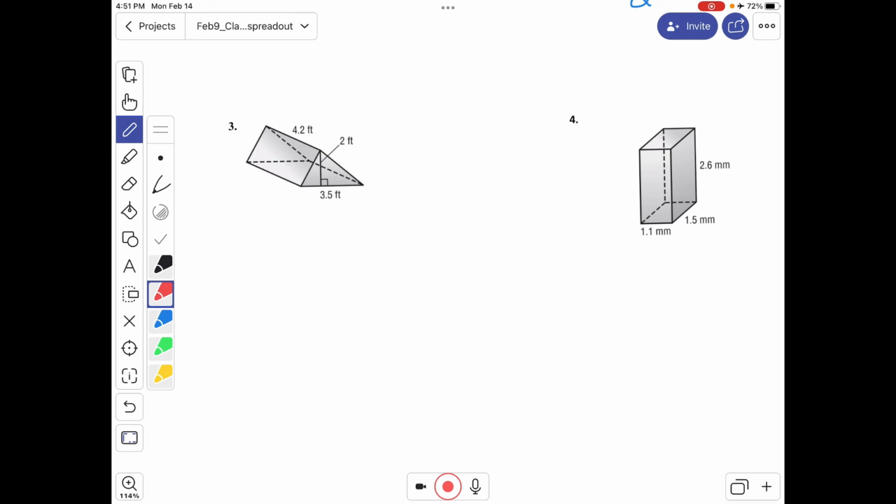So on number 3, you're also going to need to plug in the formula for area of the base, which is a triangle again. And the height of the prism is going to be the distance from one triangle to the other.